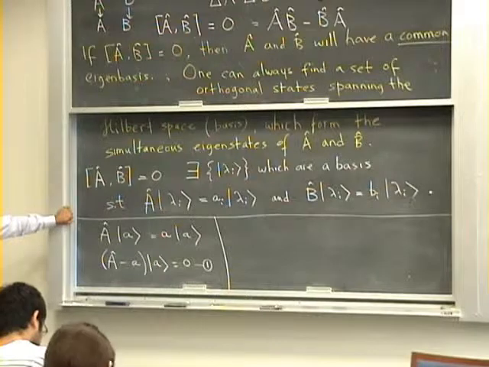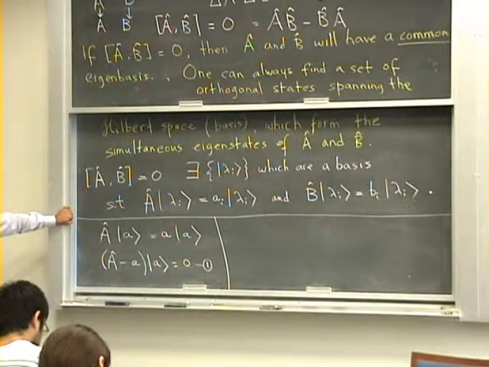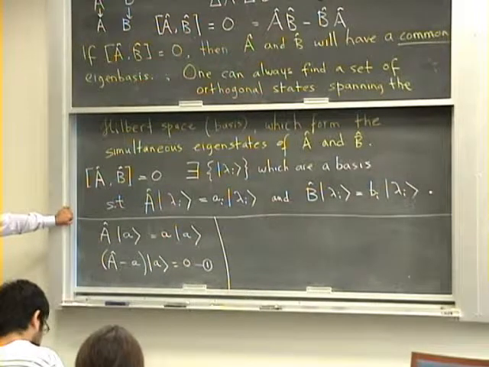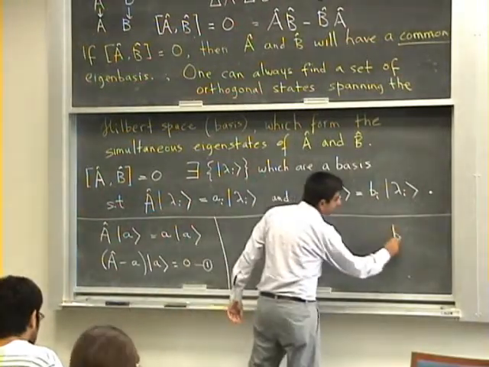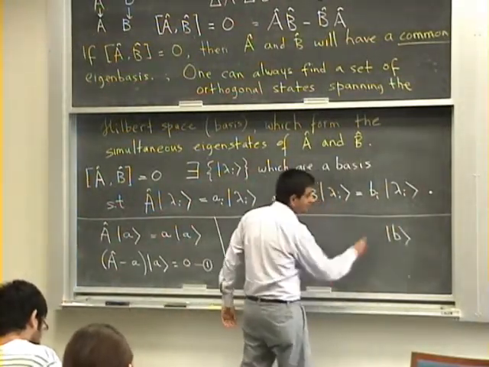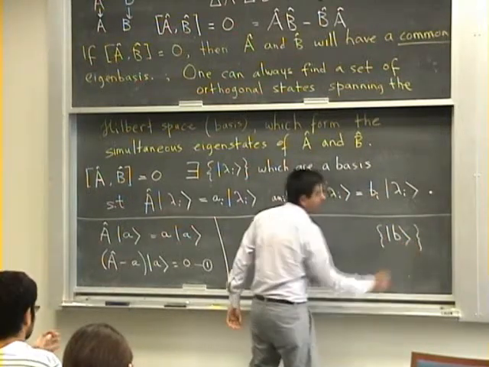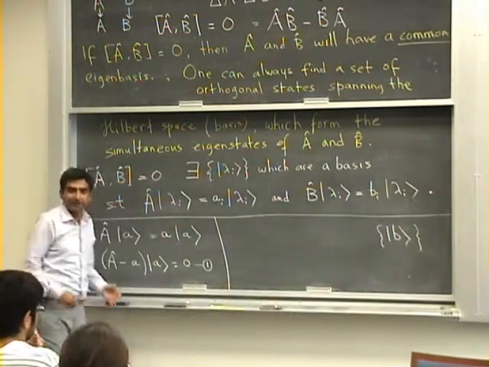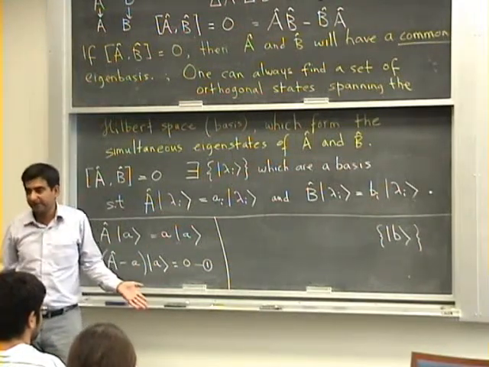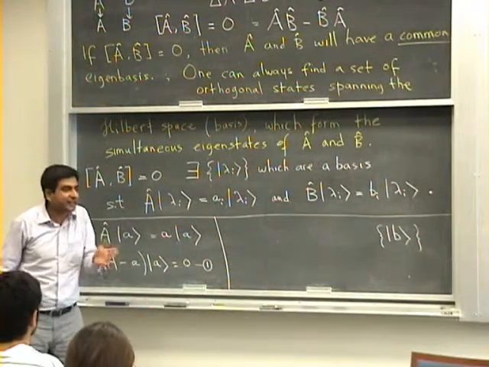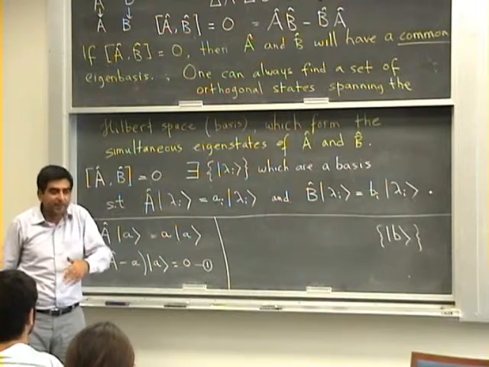Now suppose I choose another basis. And I call those basis states, I label those basis states by B. A Hilbert space can be decomposed into an infinite variety of basis states. You can have ket H, ket V, you can have ket 45, ket minus 45.